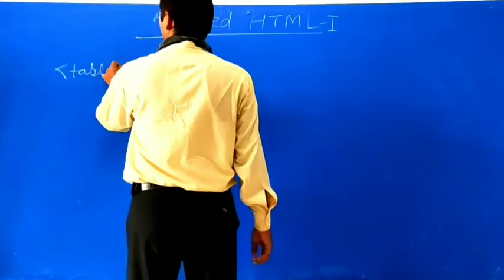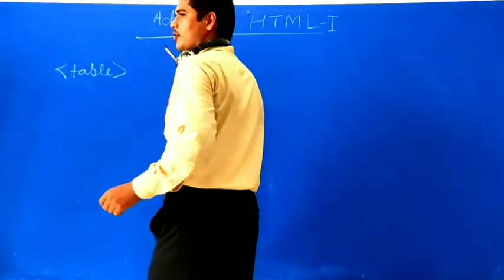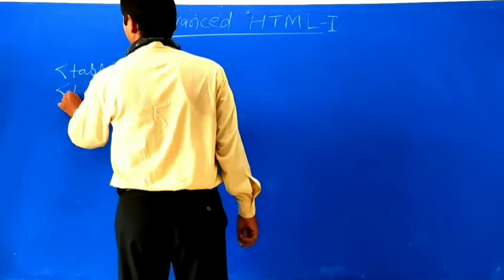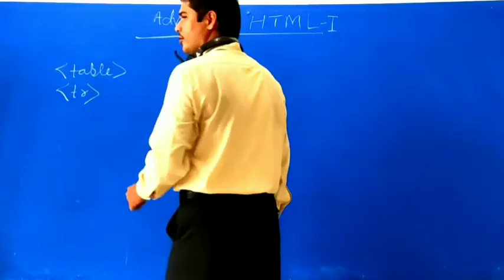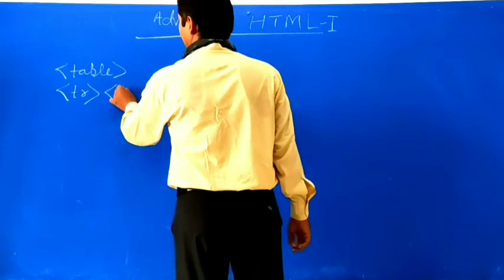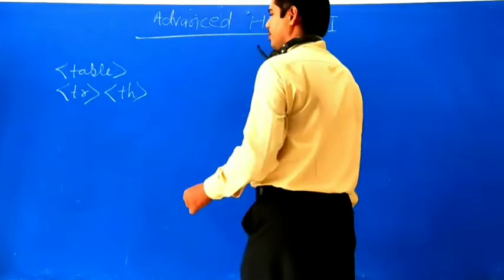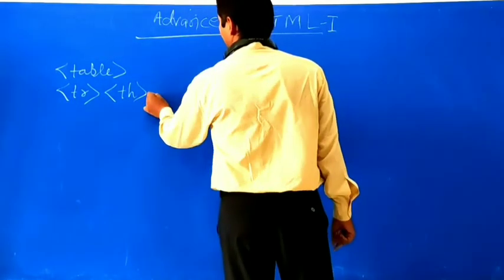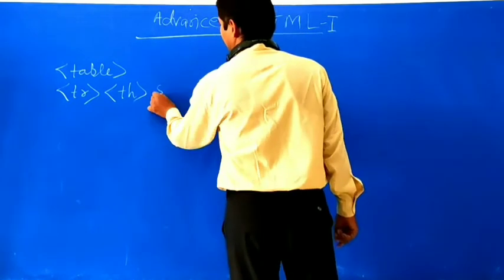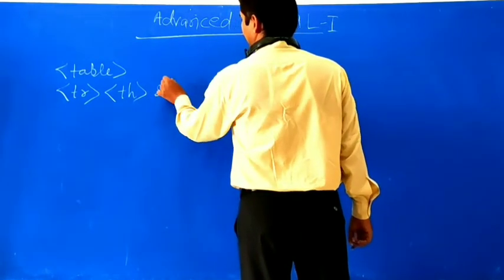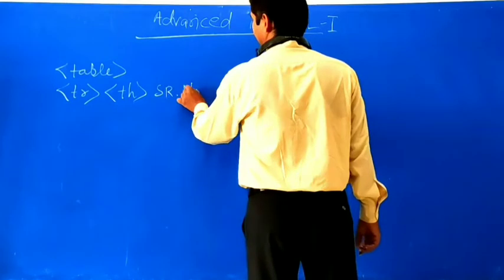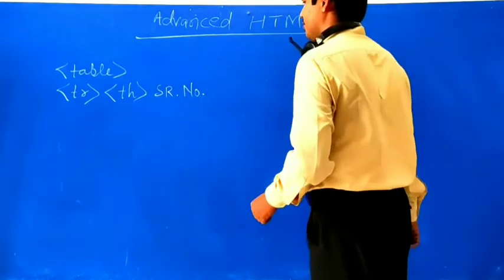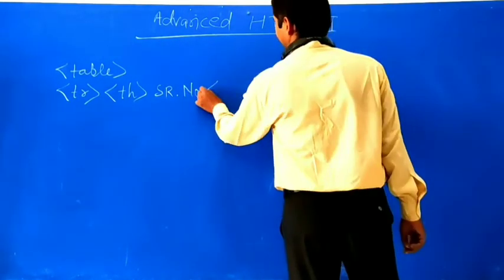And you are going to use TR, which means table row, and TH, which means table heading. Suppose that you are going to create some list for items, like serial number.